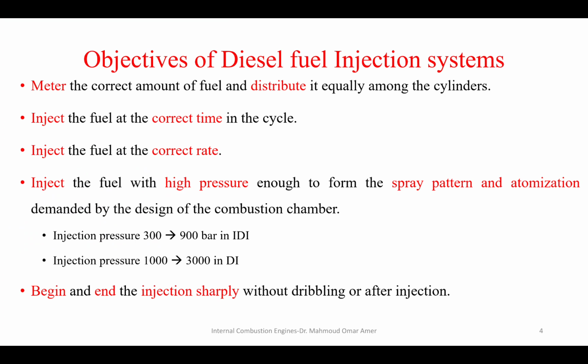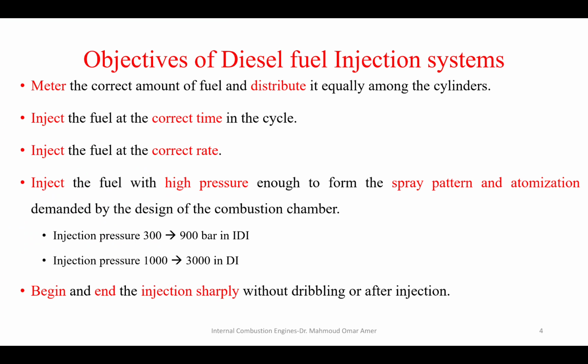It's like droplets. But what if you press it one time hard? It will be a smooth spray. So, what did you do when you pressed it hard? You started the injection and ended it sharply.